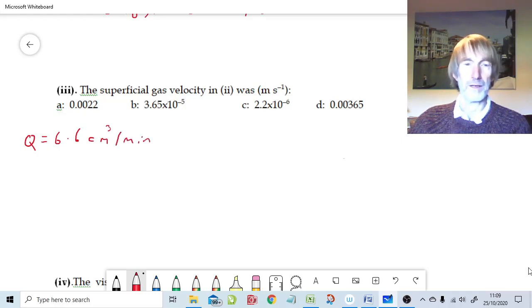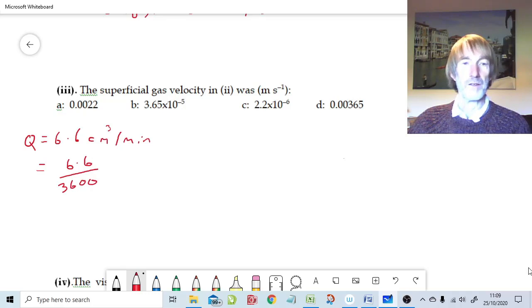So we better watch out here. I think the safest thing to do is to do that as a conversion first. So we know we're going to have to convert it into seconds, so we know we're going to have to divide by 3,600.